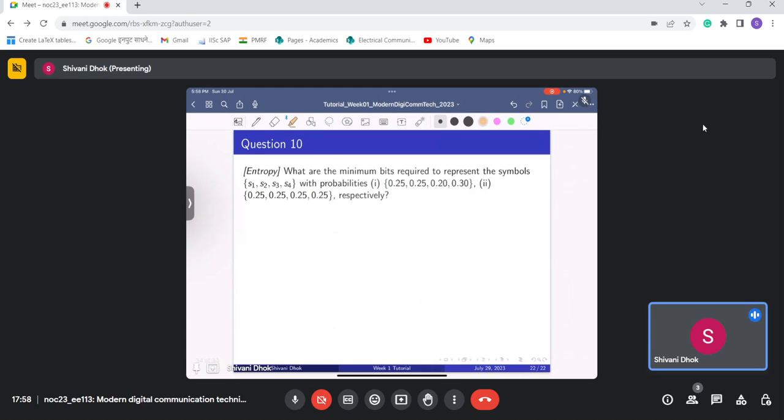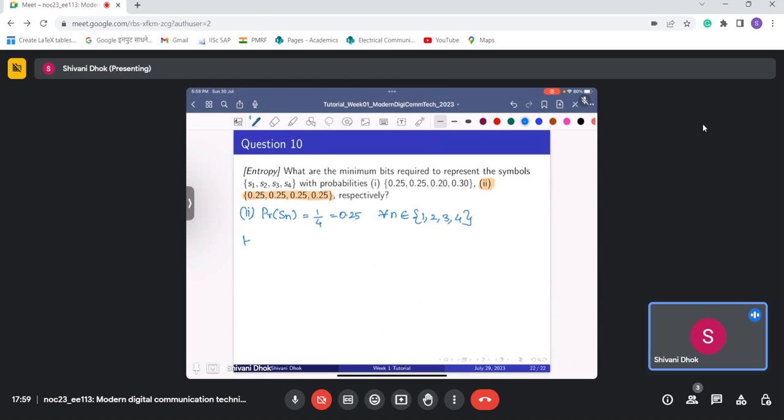Now let us consider the second example where all the four symbols are equiprobable. Here, probability of Sn is equal to 1 by 4, which is 0.25 for all n belonging to the set 1, 2, 3, 4.